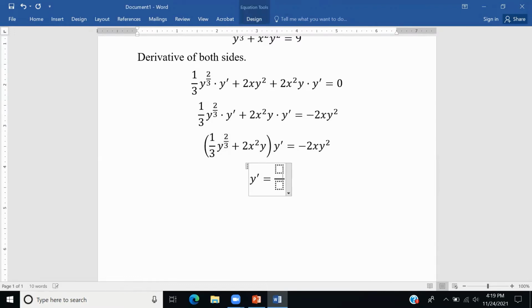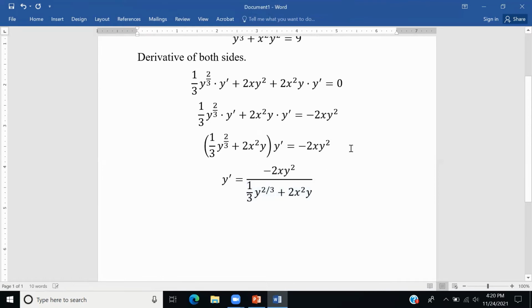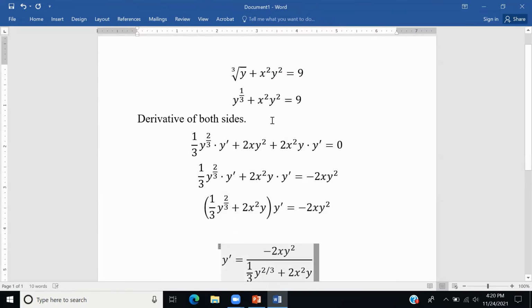So I'm going to end up with the fraction negative 2xy squared divided by the quantity 1/3 y to the 2/3 plus 2x squared y. And if we had a point, we could find the slope of the tangent line or the instantaneous rate of change at any point which satisfies this equation.